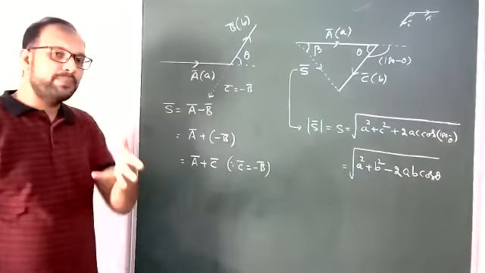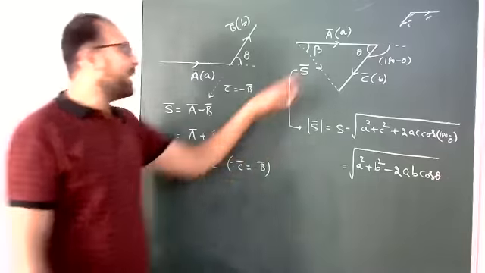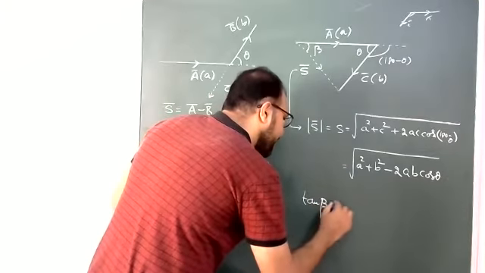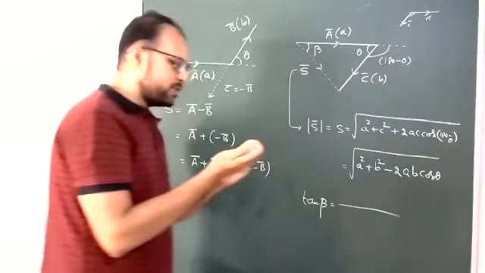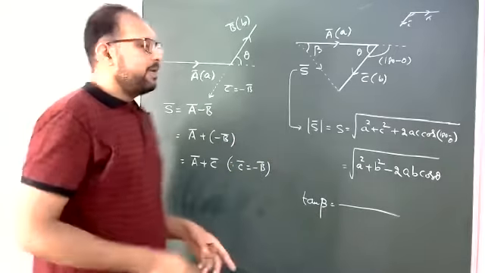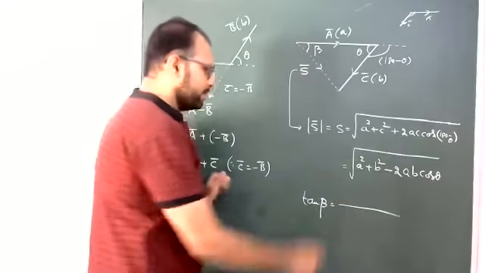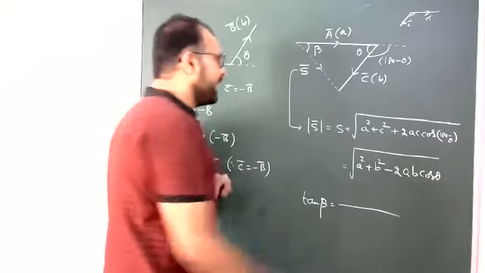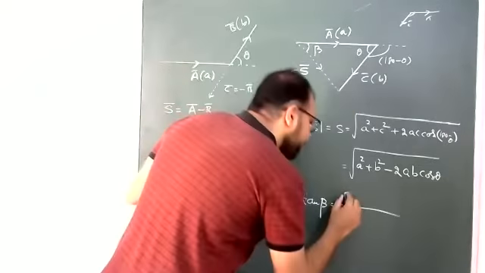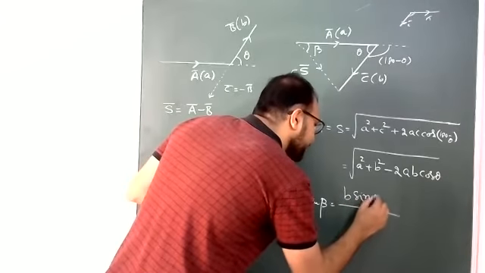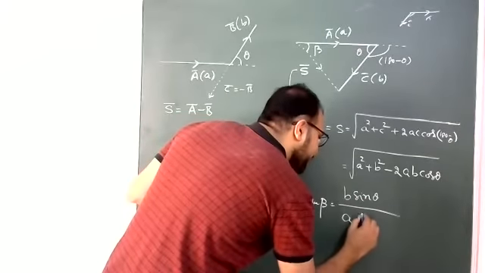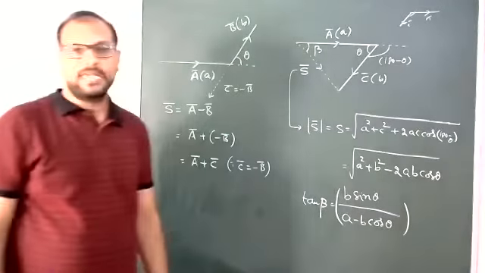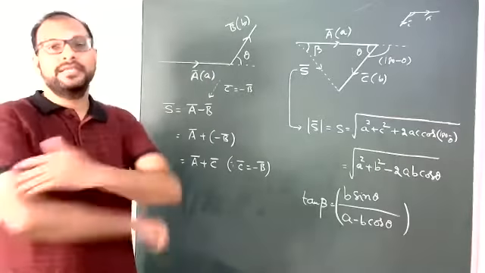S bar is A bar minus B bar, which means another subtraction. Similarly, tan beta. Tan beta is very simple: opposite side. Previously, B sin theta was there in the addition. Same now here also. B sin theta divided by A minus B cos theta, with the same theta replaced by 180 minus theta.